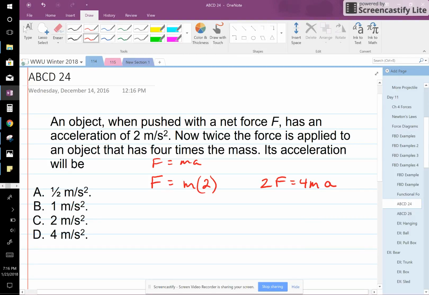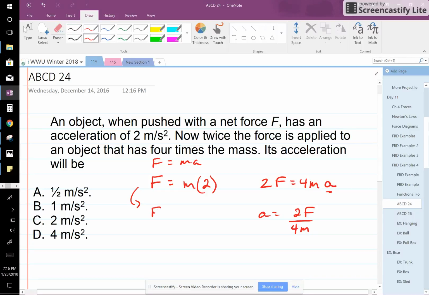And if I'm interested in finding the acceleration, I can solve for A. So if I solve for A, I would have 2F divided by 4M. Okay, and this is only useful if I also do that on my original situation as well.